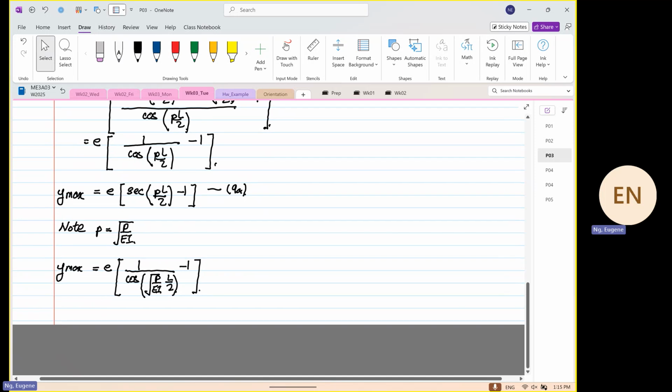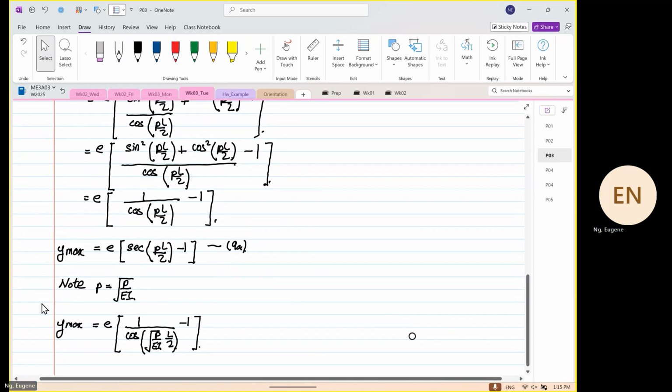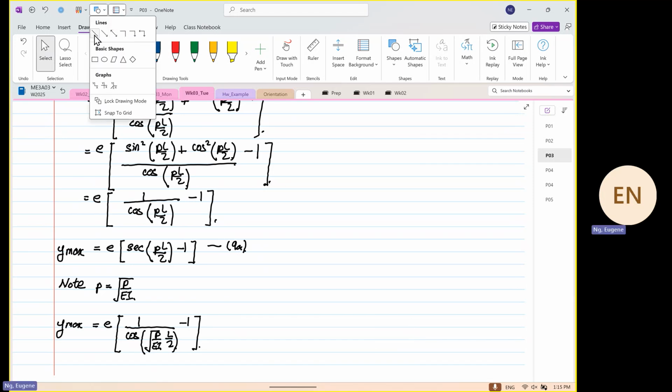So now we are going to have conditions. Okay, we're going to have conditions. Not a boundary condition.